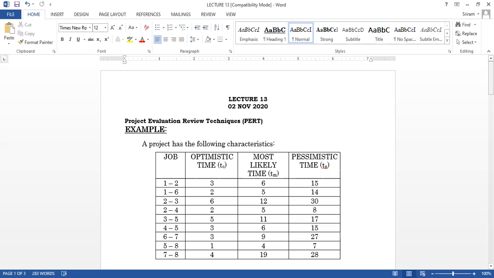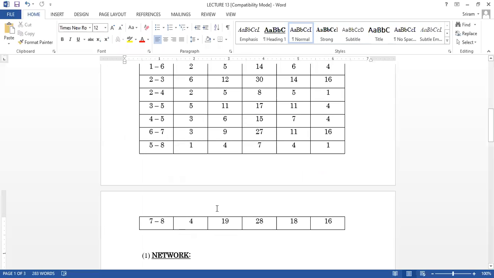Your optimistic time T0 should be the smallest number, or maybe equal. All three numbers may be equal, or any two numbers may be equal, that is no problem. But it is the order: optimistic time is smaller than the pessimistic, and most likely time is smaller than the pessimistic time. Here they have given all the values for each activity, 3, 6 and so on.